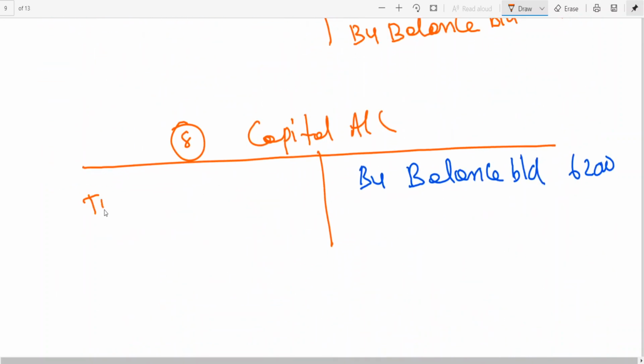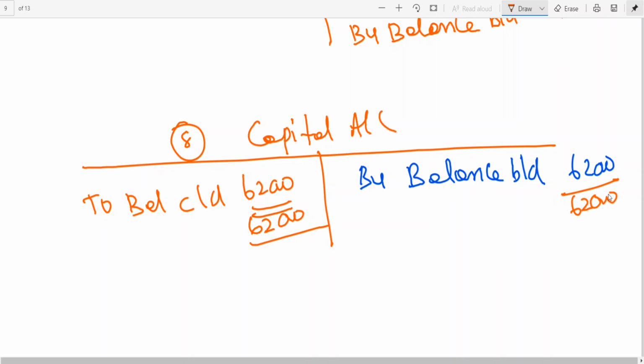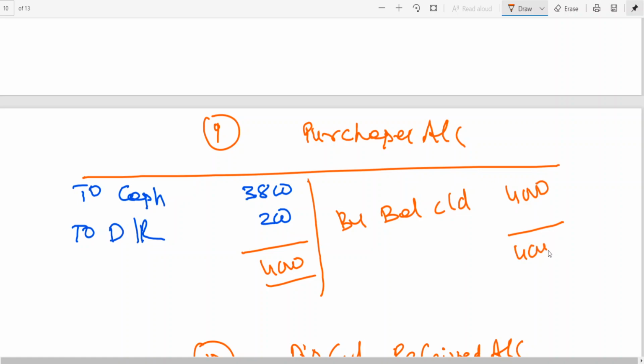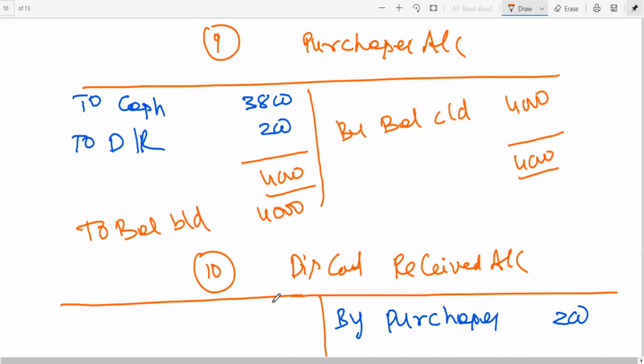Capital account, which side is showing more? Credit side. So it is a credit balance. Purchase account will become a debit balance.